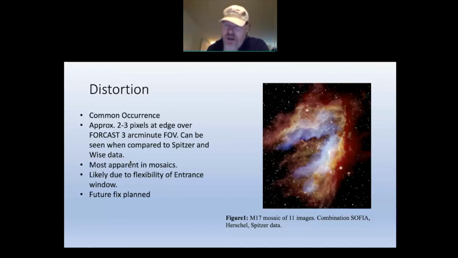Across the whole array, the 3 arc-minute field of view of FORCAST, at the very edges you can get about a 2 to 3 pixel offset or distortion if you're trying to line up with Spitzer images. This can be especially annoying in mosaics. Here's an example of the M17 mosaic of about 11 FORCAST fields of view overlapping each other.